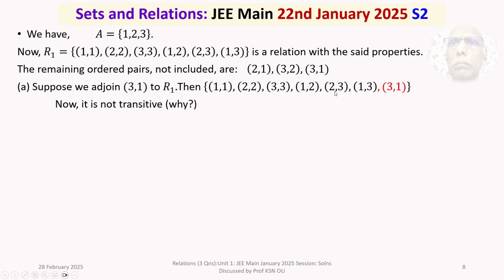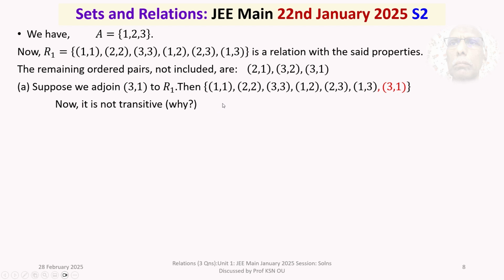It is not there. Not only that, (2,3) is there, (3,1) is there, (2,3), (3,1) will imply (2,1) must be there for transitivity. It's not there. That is why it is not transitive.